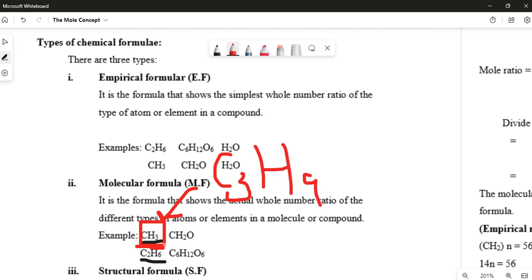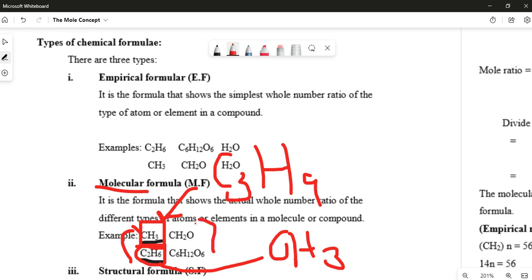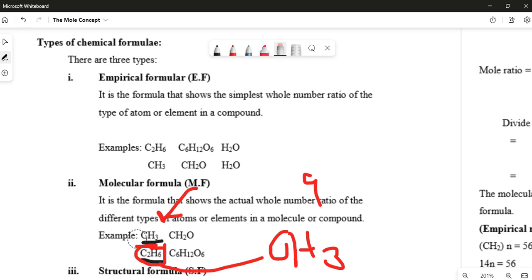This C2H6 is the molecular formula. When we convert this to empirical formula, it becomes CH3. Hope that's clear.